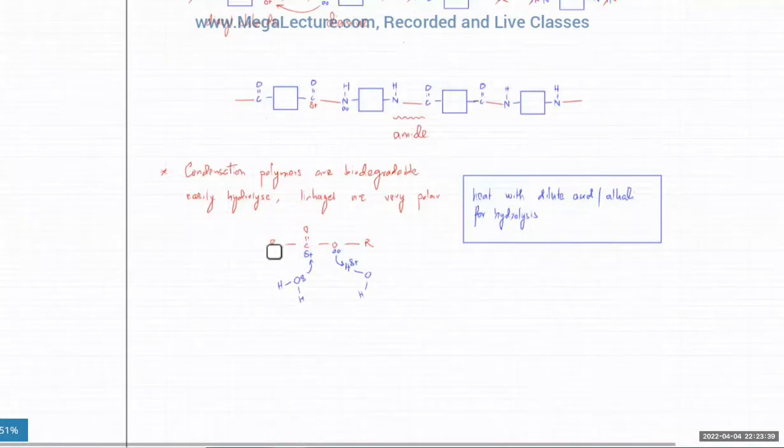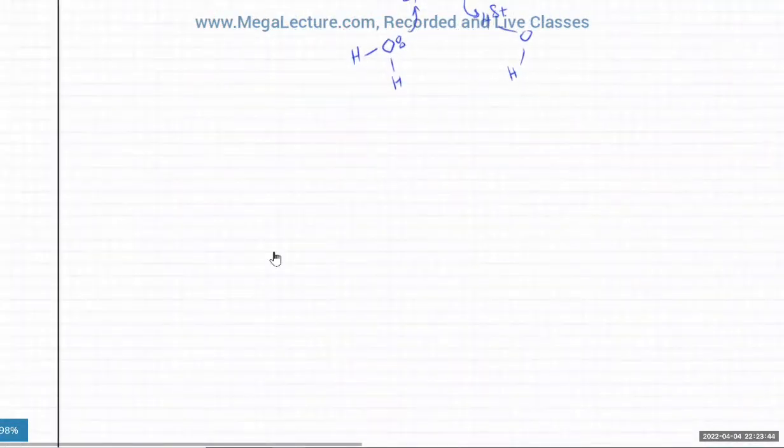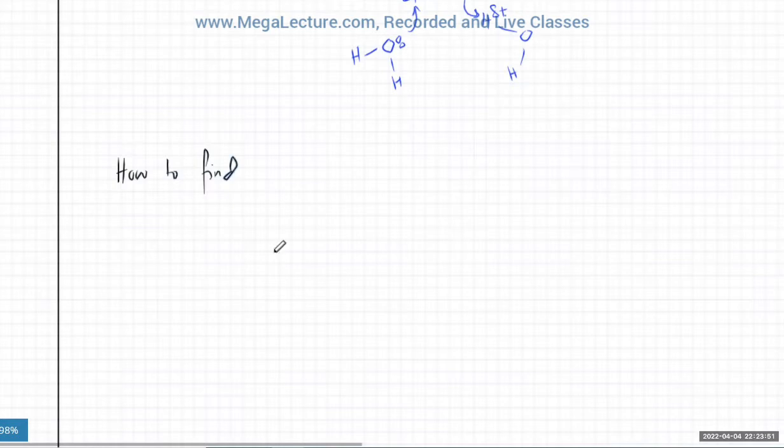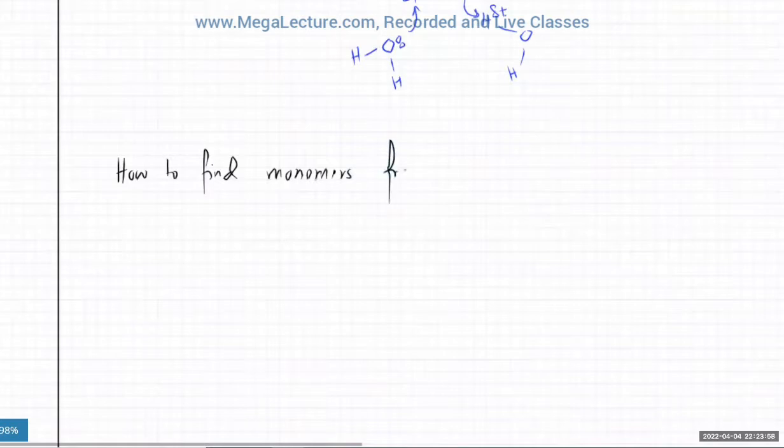So this is slightly tricky. How do we find monomers from repeat units? I'm talking about the reverse.